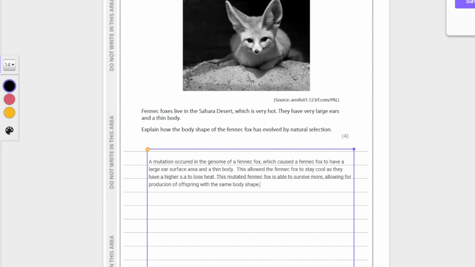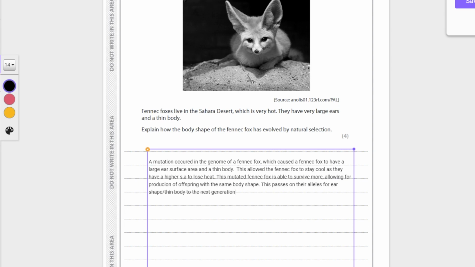So they survive more, which promotes them breeding and passing on their genes. So this passes on their alleles for ear shape, thin skin, or thin body, to the next generation. And that's basically all it is.